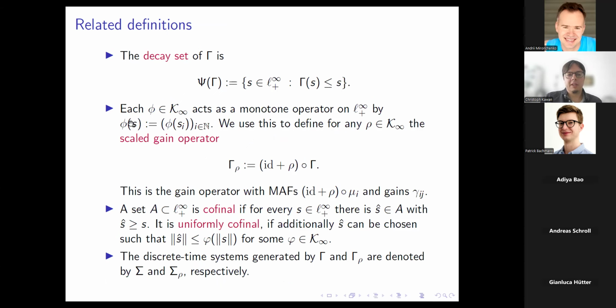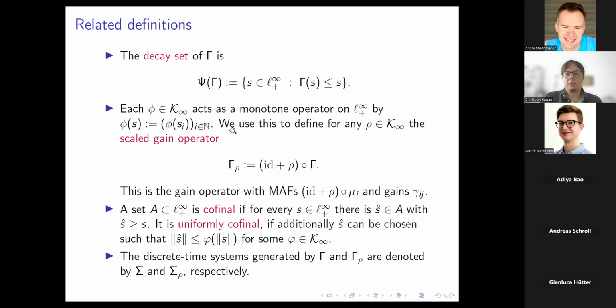Then next thing, if we take any k-infinity function phi, it acts as a monotone operator on the cone by simply applying phi. If we apply phi to some vector S, we simply apply this k-infinity function to each component of the vector. So this gives a monotone continuous operator, actually.